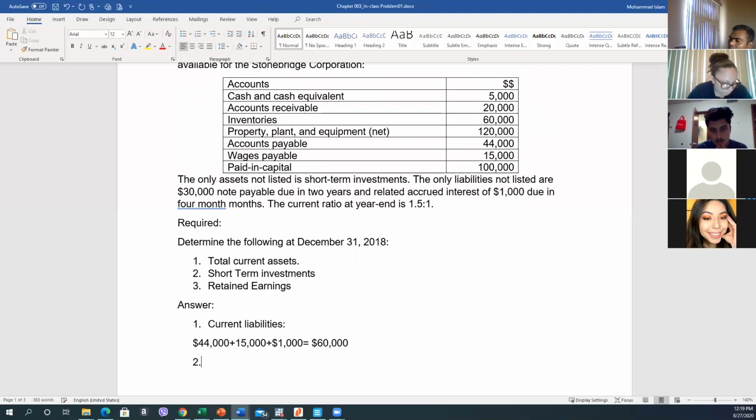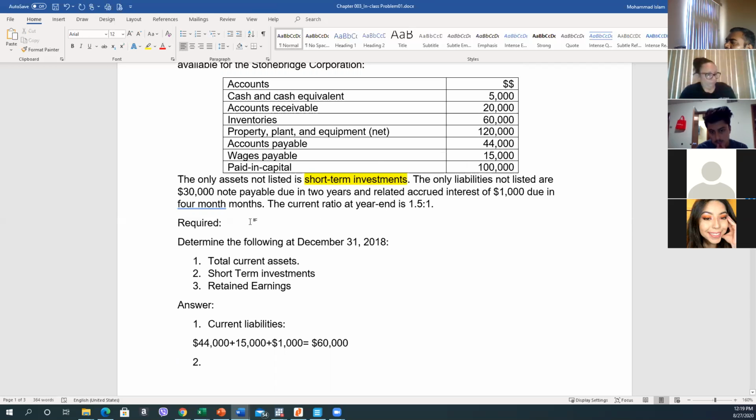Okay. Number 2, short-term investments. See, the problem is saying the only asset not listed is short-term investments. What does it mean?